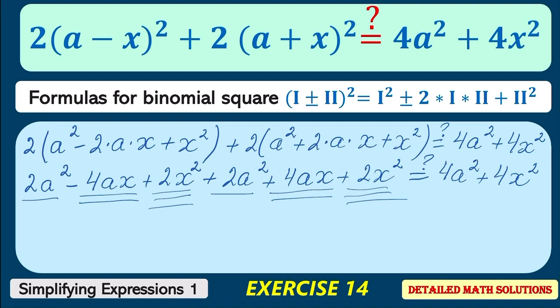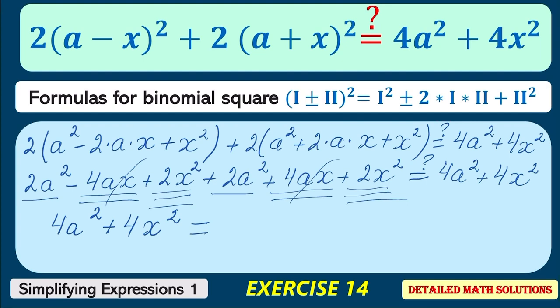When I do that, 2a squared and 2a squared is 4a squared. Negative 4ax and positive 4ax cancel out because their sum equals 0. And then I have 2x squared plus 2x squared, which is 4x squared.